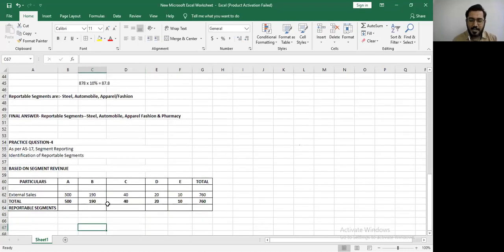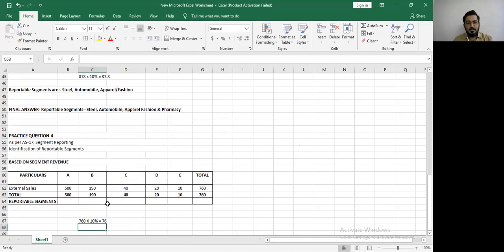Let's take the 10% of that. How much do you get? 76. 10% of 760 comes to 76. Tell me, is segment A reportable?